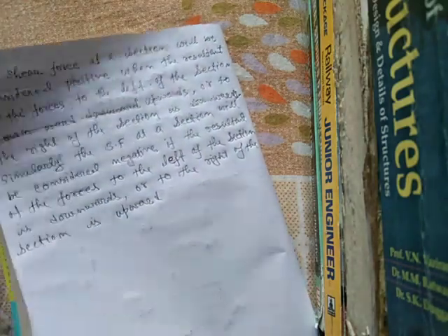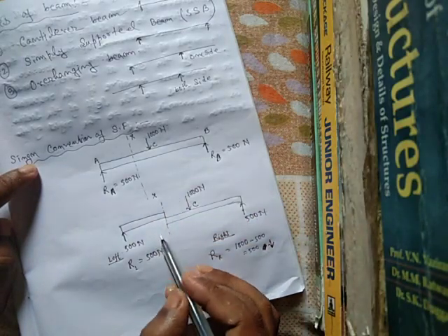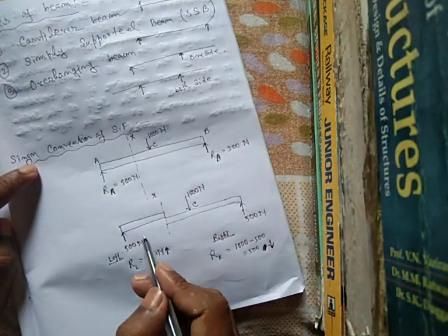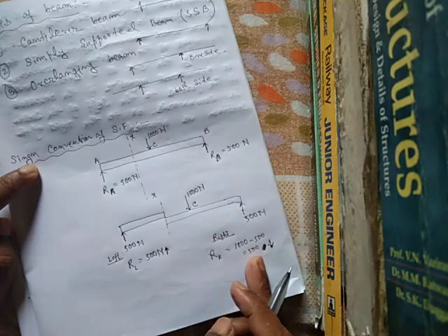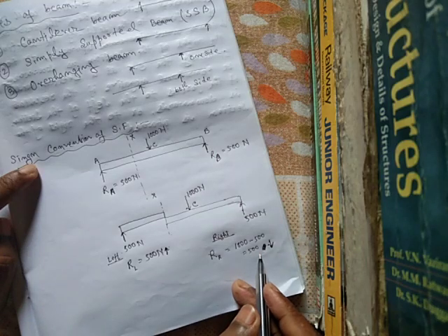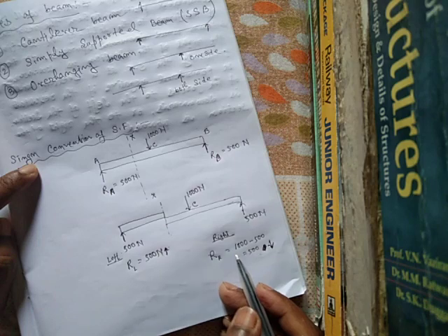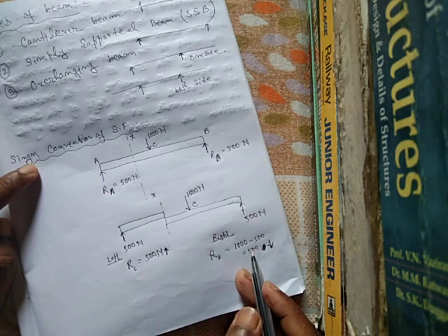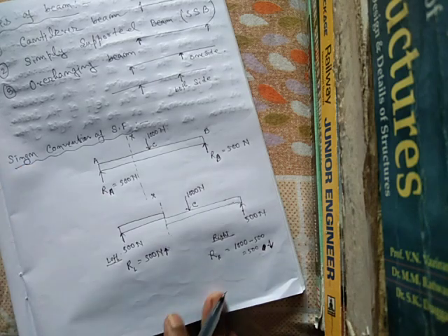You can easily understand by the diagram. The left side portion is upward and the right side portion is downward, that means positive shear force. If on the right side portion the resultant force is upward, then the shear force will be negative.